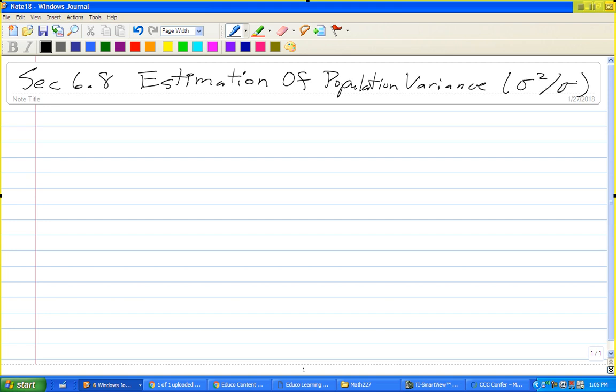So the population variance and the population standard deviation. So estimation of population variance and population standard deviation.